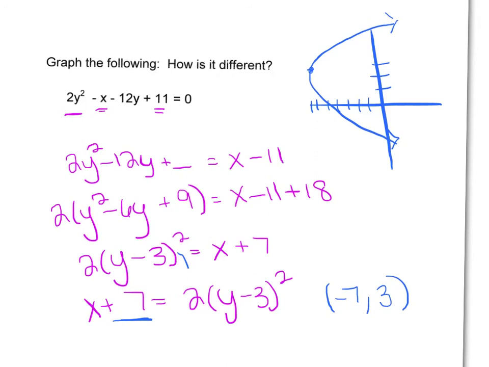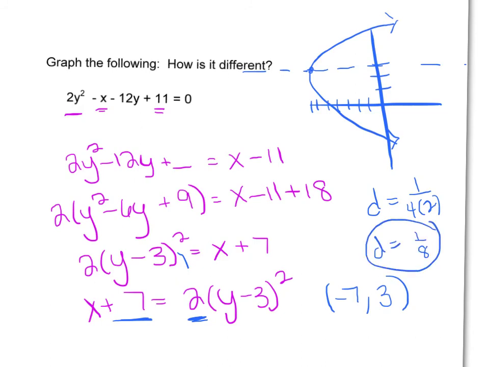So now if you look here, your axis of symmetry is now a horizontal line instead. So now my directrix is a vertical line, and it is still 1/8 of the way, because if you look here, you have an a of 2. So your d equals 1 over 4 times 2, d equals 1 over 8. So where is my line for my directrix?